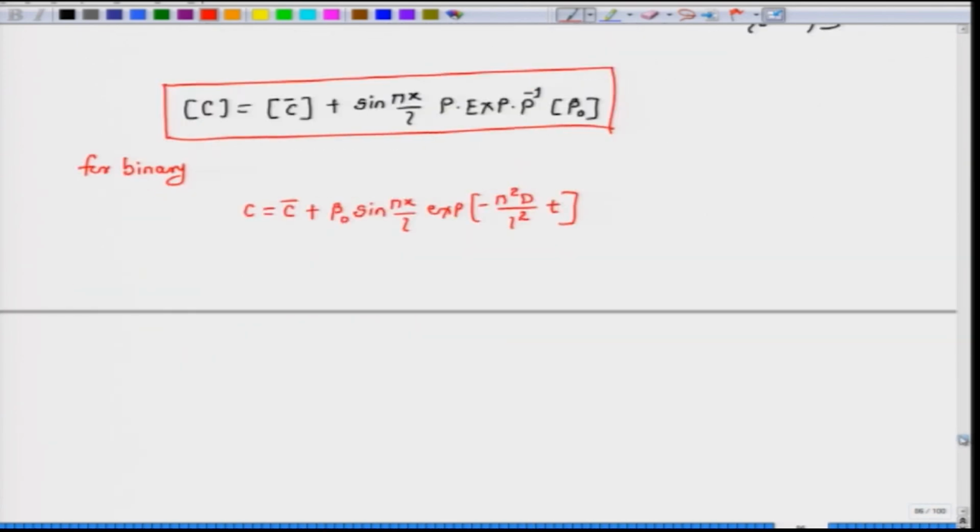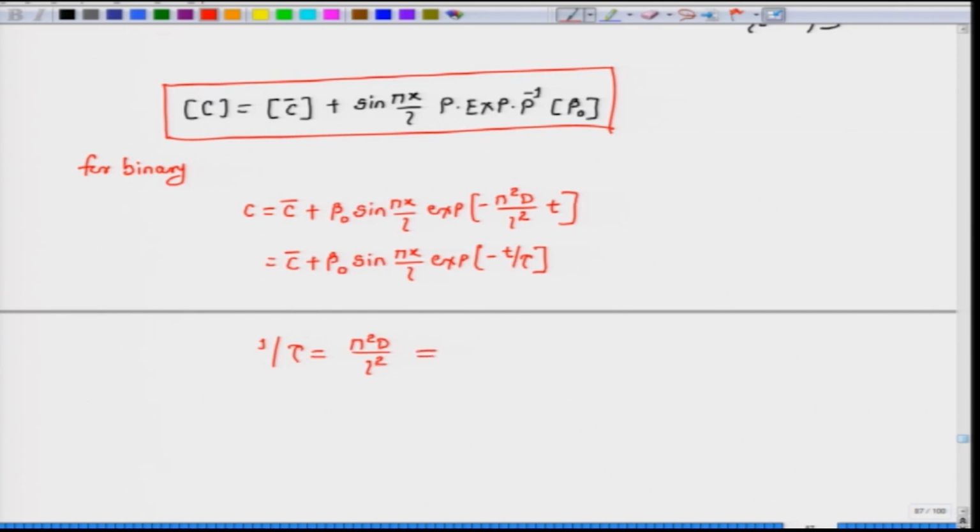And typically this exponential term is written in the form of exponential of minus t by tau. So, this is written as C bar plus beta 0 sin(pi x by L) exponential of minus t by tau, where 1 by tau is basically pi square d by L square, and it has a unit of per second. 1 by tau has a unit of per second, d is meter square per second, L square is meter square.